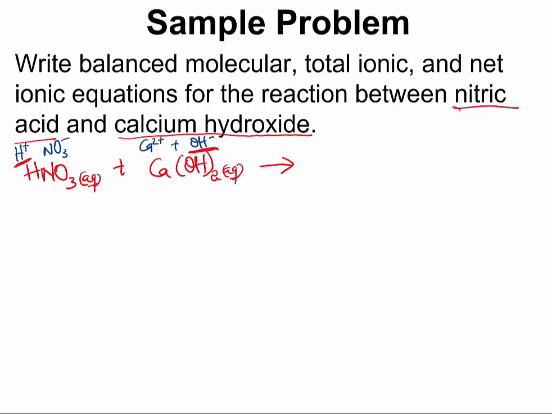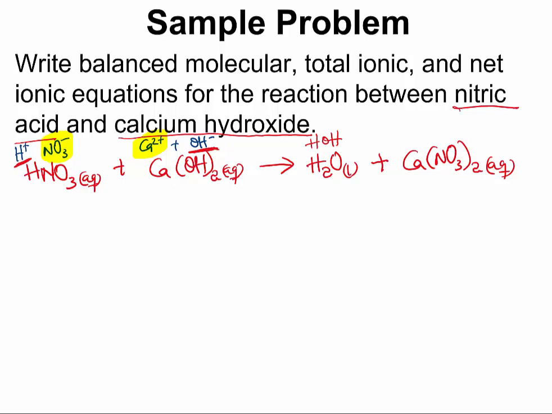So that is going to give us HOH, which is another way of saying H2O. Also, the anion in the first compound will combine with the cation in the second compound, and in this case it's going to give us calcium nitrate, which will be soluble in aqueous solution.